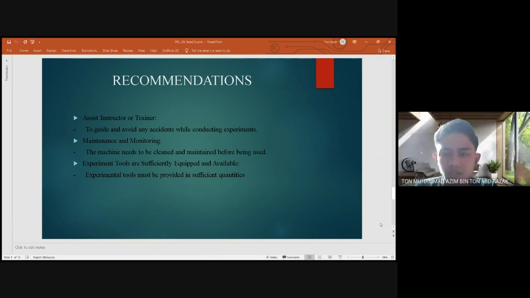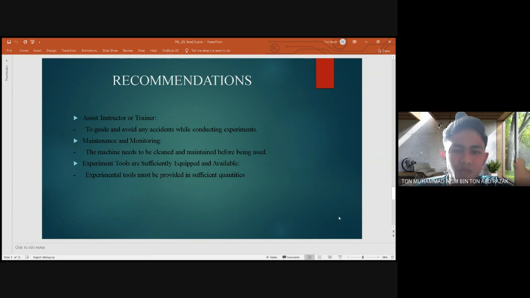So these are the recommendations that can be implemented so that we can get data more correctly. The first one is to provide an assistant instructor or trainer to guide and avoid any accidents while conducting the experiments. The next one is maintenance and monitoring.